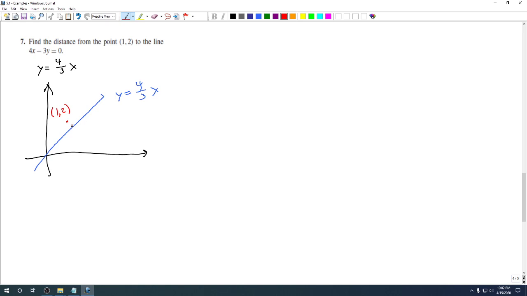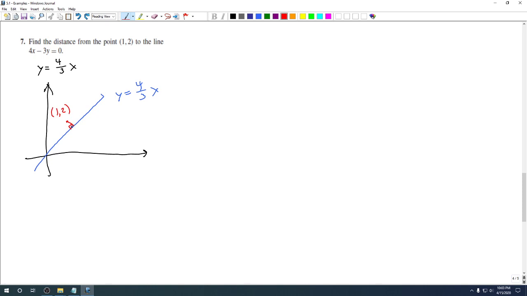Well, again from geometry, the idea of how far a point is from a set, here being the line y equals 4/3 x, is just how close can we get to it? Well, the shortest distance, like we did in problem 5, was just drop a perpendicular. We're really looking for the distance of that perpendicular to the line. And I'll leave that out just because it's kind of clutter.